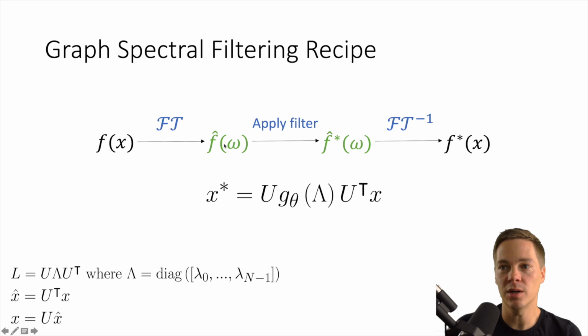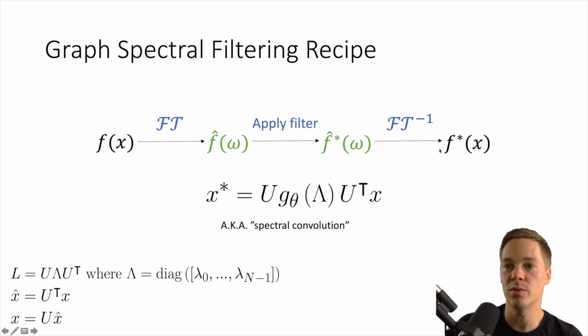And once we're there, we can apply the filter, which is just going to be some function that amplifies or diminishes various frequencies, and our frequencies are the eigenvalues of the Laplacian. So here we take the Fourier transform, here we modulate it by applying this filter, and then we take the inverse transform by multiplying by U. And this is following the recipe here. And this is what we mean by a spectral convolution on graphs.